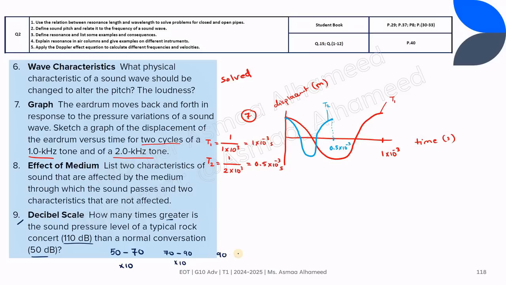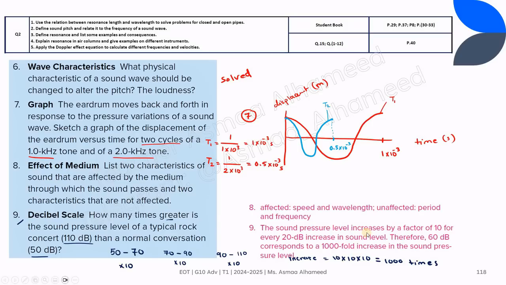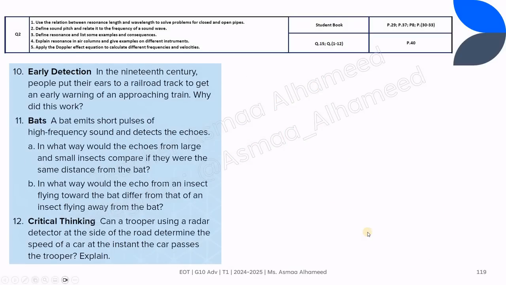Now from 90 to 110, this is again the sound increase by 10 for every 20 dB. So here we say that the increase will be 10 times 10 times 10, which will be 1000 times larger. These are the answers. Moving on.